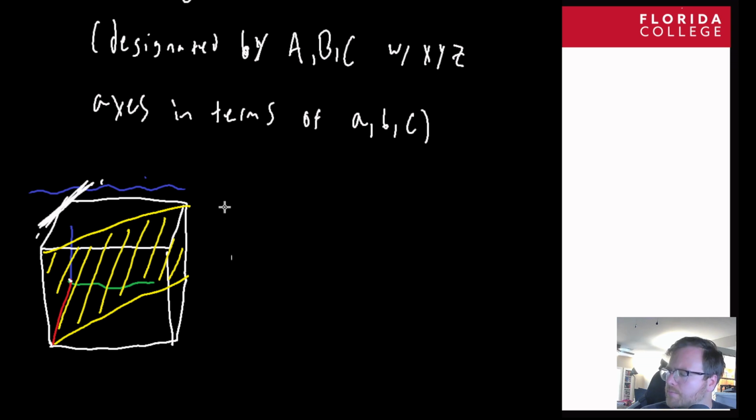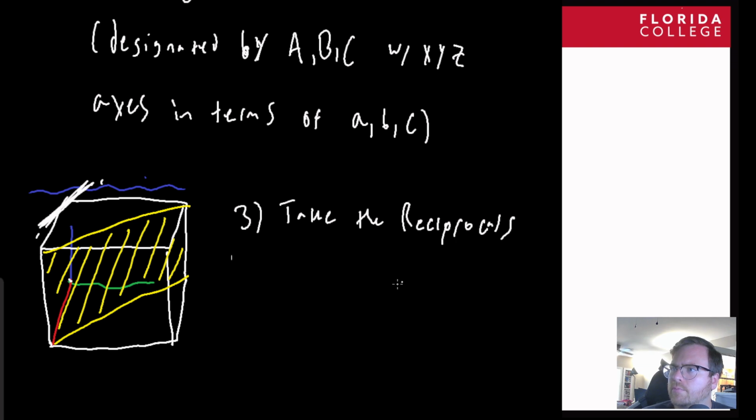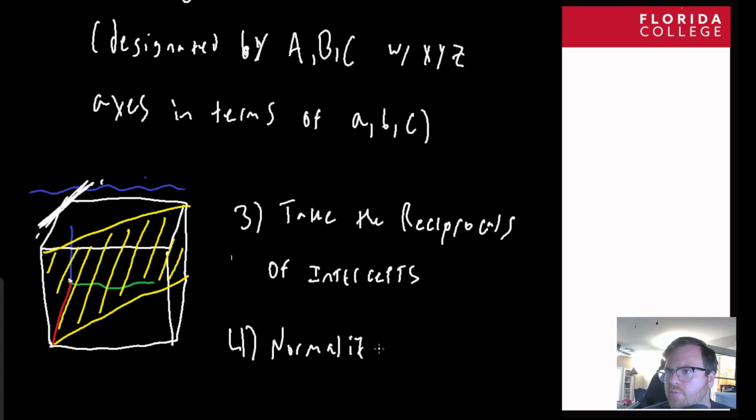The third step is to take the reciprocals of those intercepts. Next, we're going to normalize the reciprocals in the same way that we did before for our vectors.